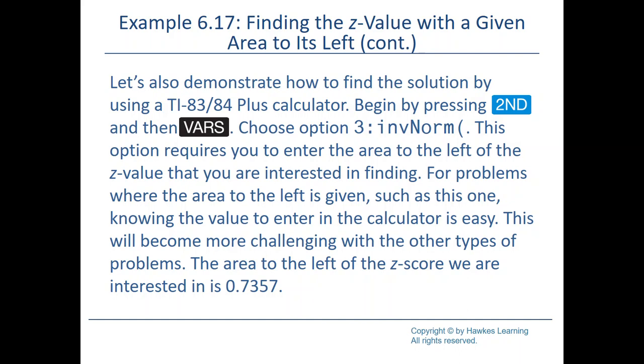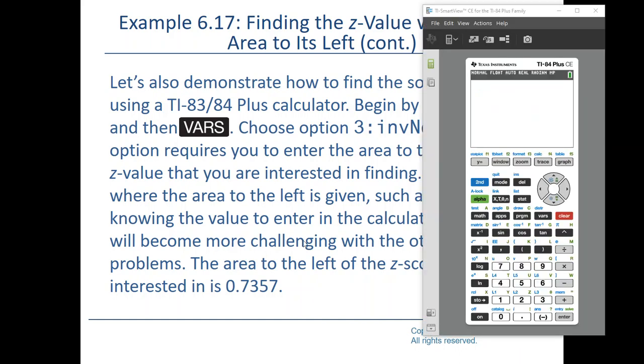Now let's take a peek at this so you guys can see exactly what it looks like. So on my screen you should see the calculator here, and again, second vars and number 3 for inverse norm. Now for those of y'all that have a TI-84, you're going to see this pop-up screen here.